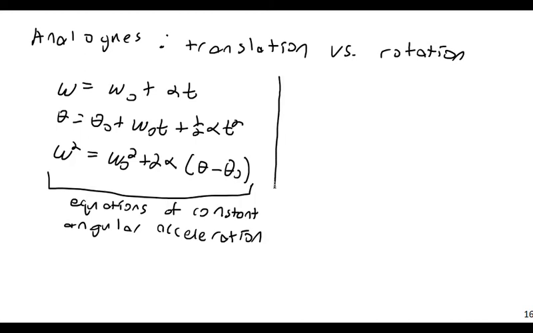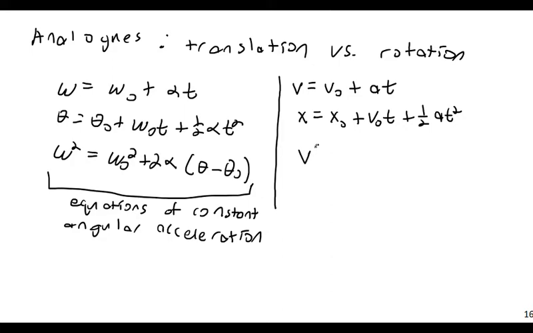And then, to compare to the translational system, I would have v equals v naught plus at, and x equals x naught plus v naught t plus 1/2 at squared. These are the equations we saw previously in our translational kinematics. And v squared equals v naught squared plus 2a times x minus x naught.